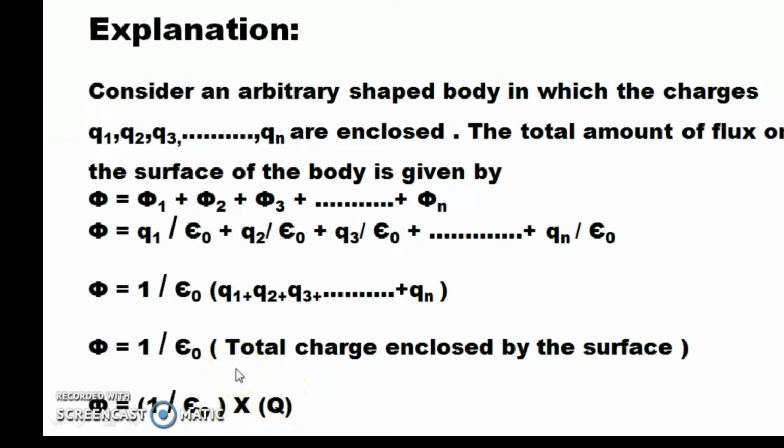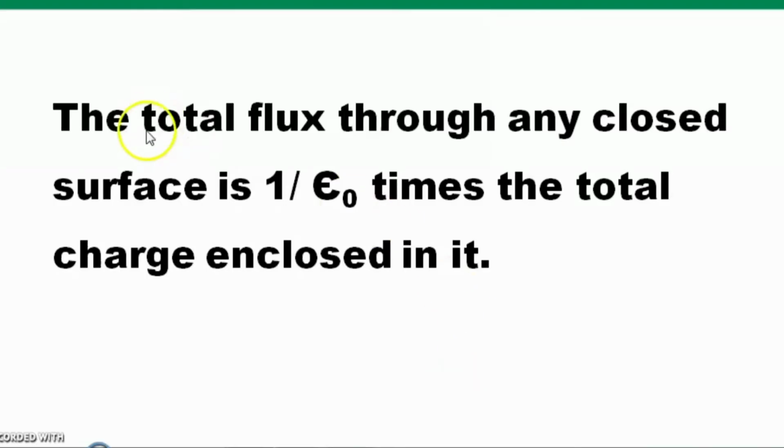Now let's see the statement of Gauss's law. The total flux through any closed surface is 1 upon epsilon naught times the total charge enclosed in it. Now see the formula that we have derived.